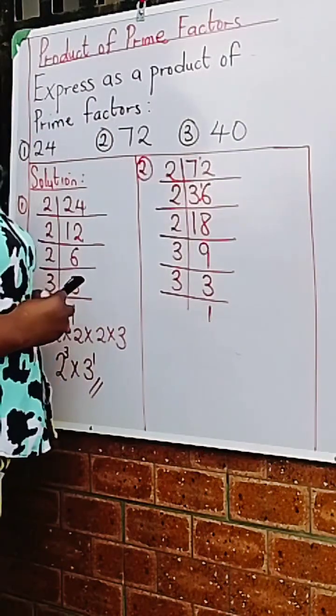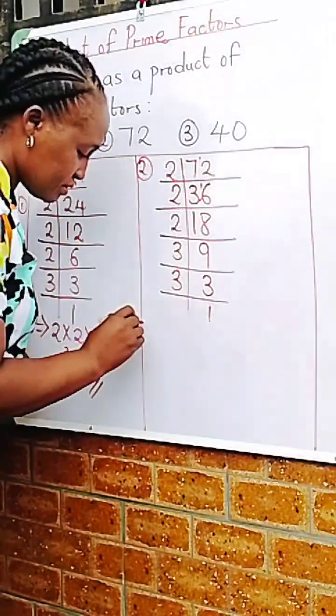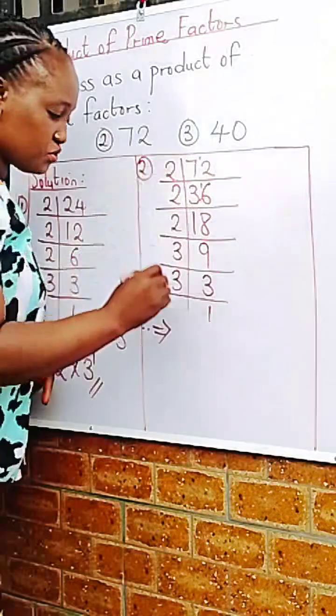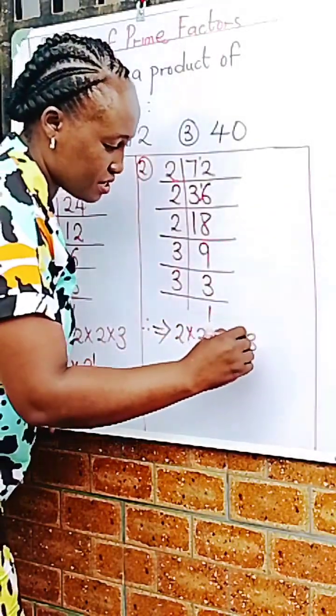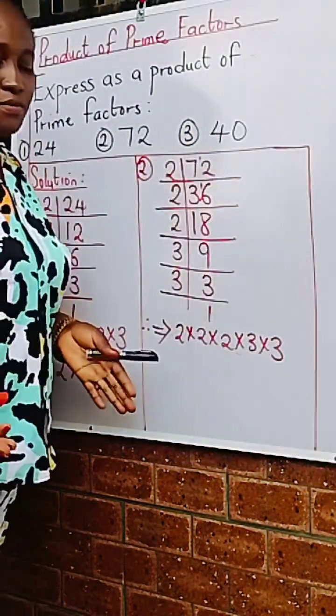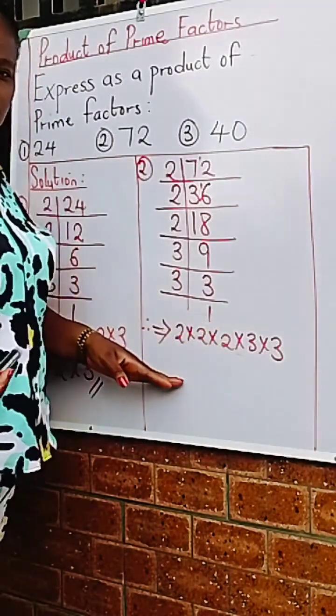Now for the product of primes, you bring them out and put them in a product form. So we are having our product of primes to be 2 times 2 times 2 times 3 times 3. In some textbooks or some exams, you can see your expression like this.